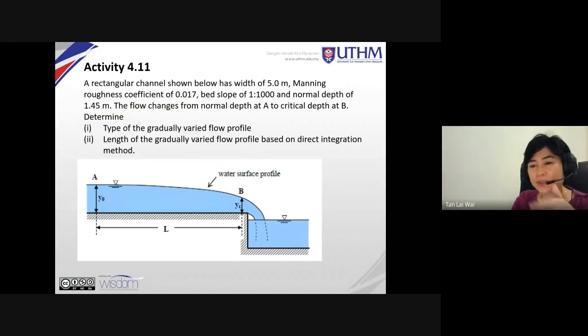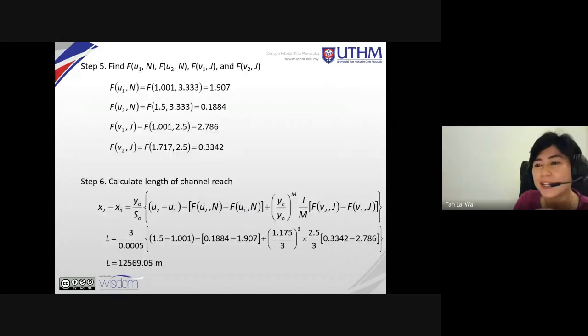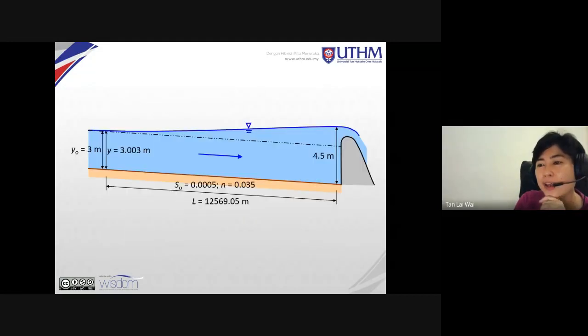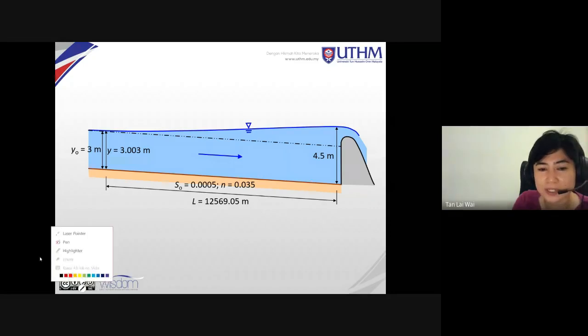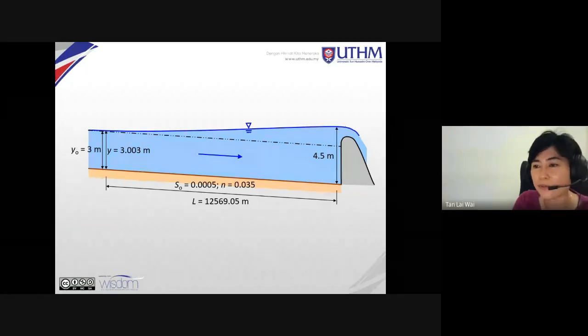In this case, Y2 is your YC. It's similar here, you have YC, this part. But of course, we are actually looking at this Y2 here, Y1 and Y2, right?